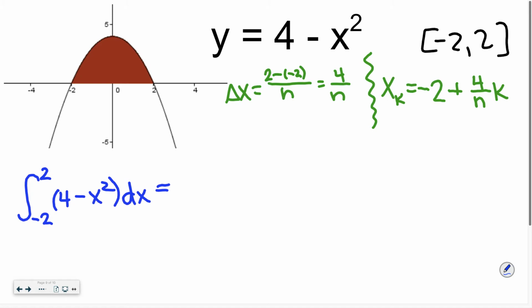Well, when we do right-hand approximations, we never start with the left side of the interval. We always start with the left plus delta x so we can get the right side of that rectangle. So for each of the rectangles, we have to take the left side and add delta x to it to actually get the side of the rectangle that we want. Do you see what I mean by that?